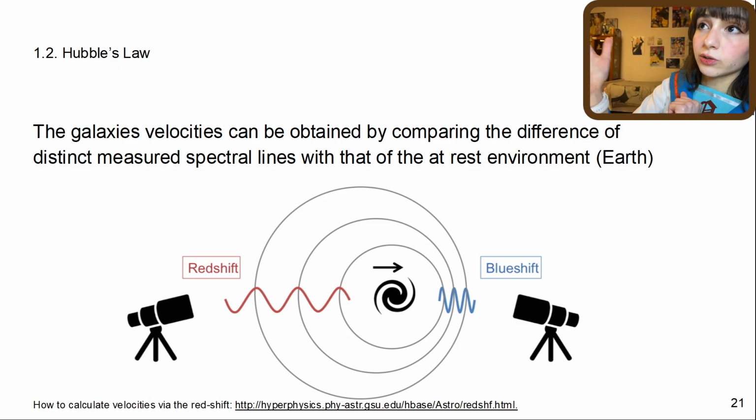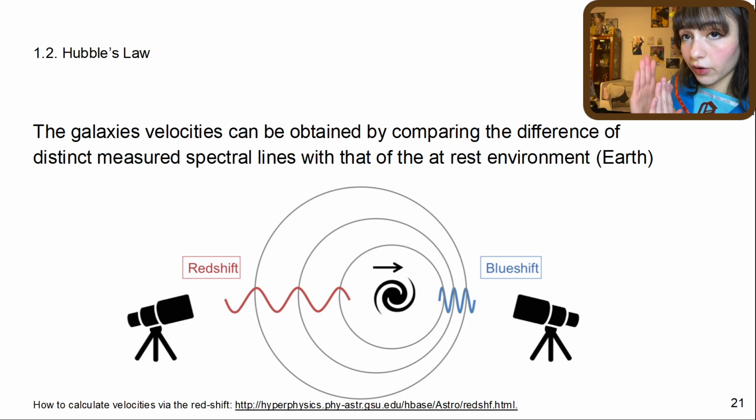These stars that are far away, that are moving, you will actually see that these emission lines, that the wavelength of these spectral lines is not the same as if they are measured at rest on Earth. So you look at the difference between these two wavelengths that you measure, the one on Earth that is known and the one from the star that you capture.